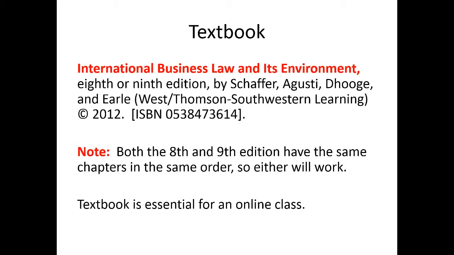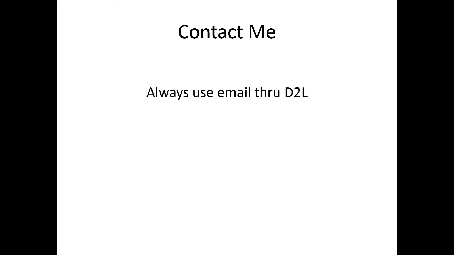Right now, both the 8th and 9th are in circulation in the bookstores. The 8th and 9th edition both have exactly the same chapters in exactly the same order, so either book will be just fine. Obviously, for an online class, the textbook is absolutely essential because you don't have class notes, you don't have class meetings. You've got to have the book and read it to keep current with the material.